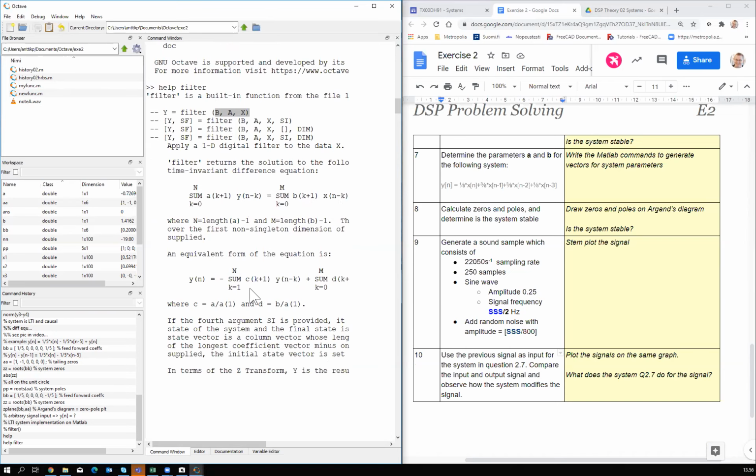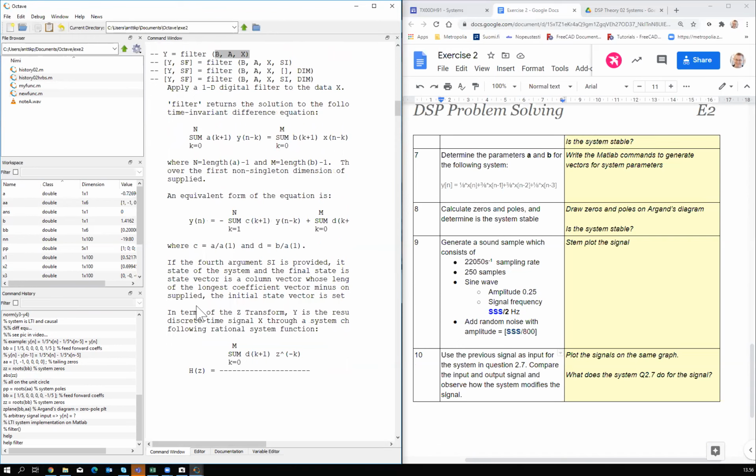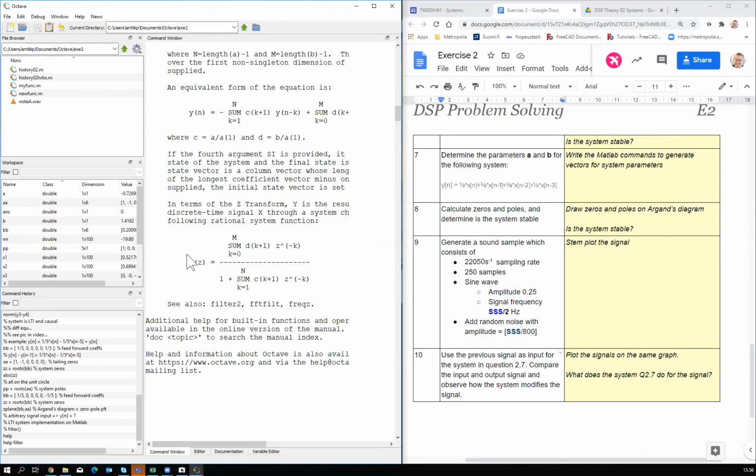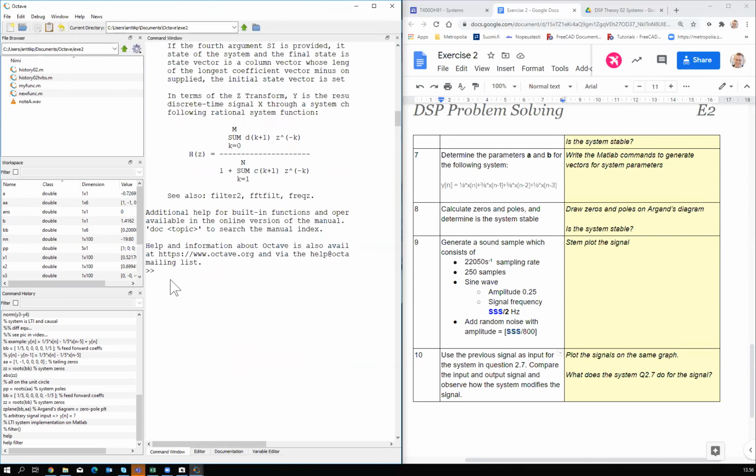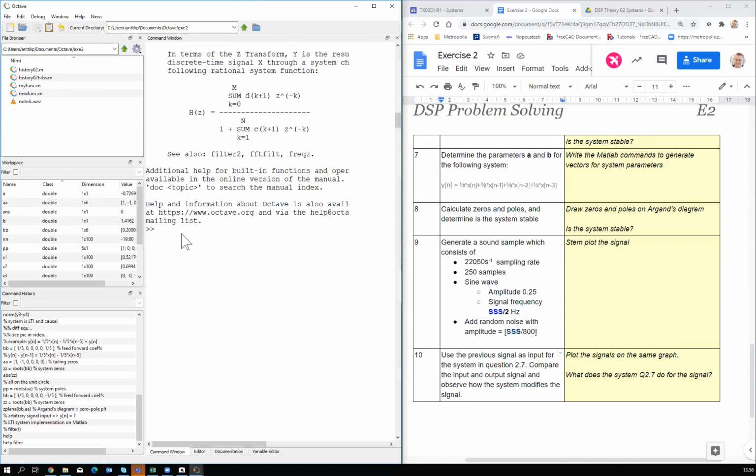They are also the same as in our H of Z. Great. So we can actually calculate our signal.